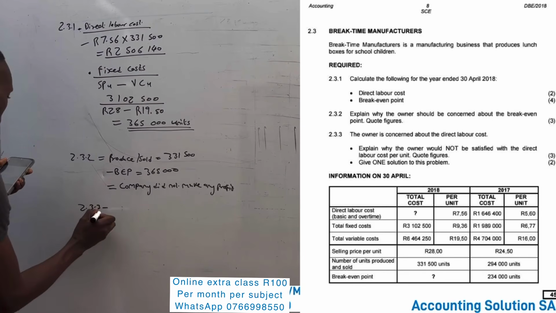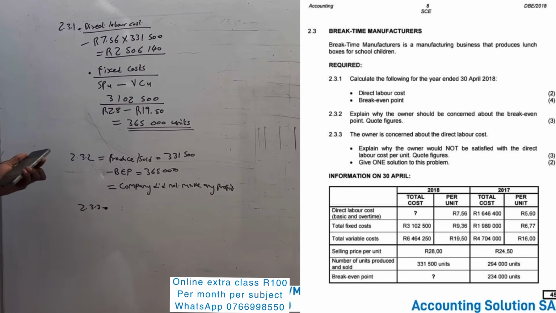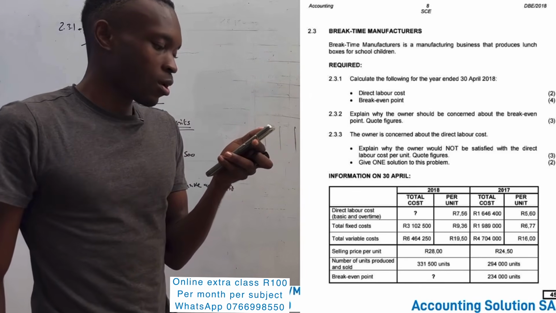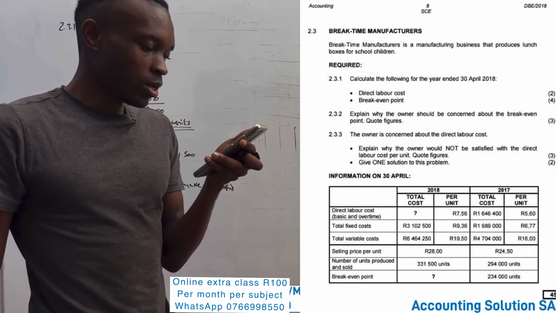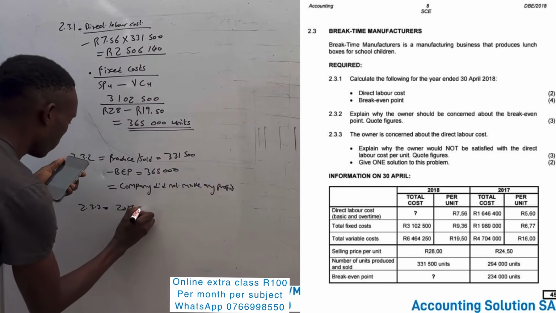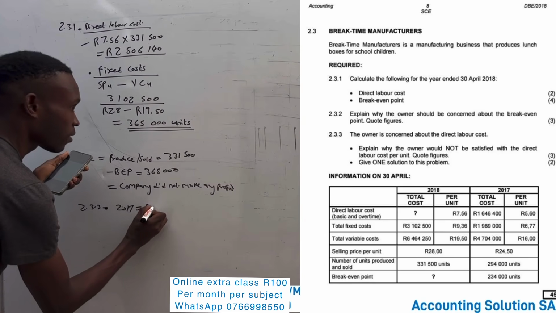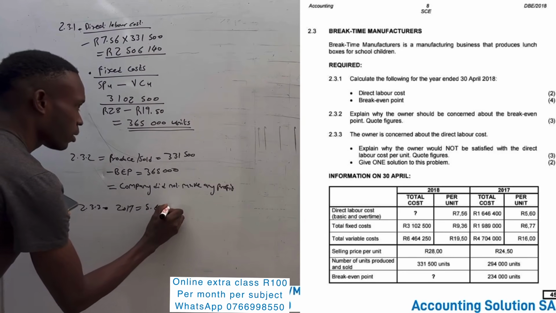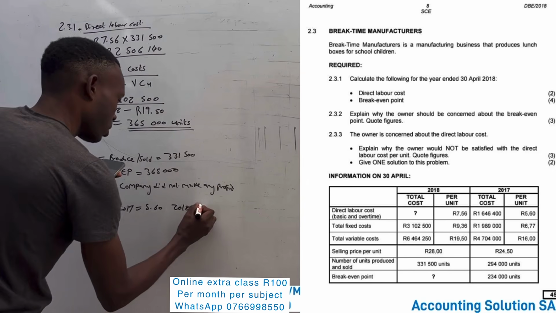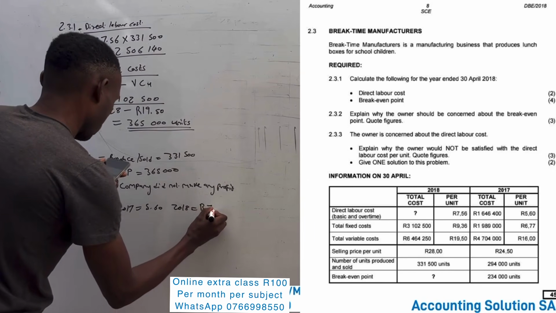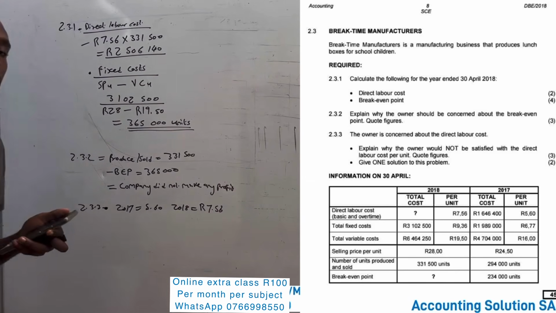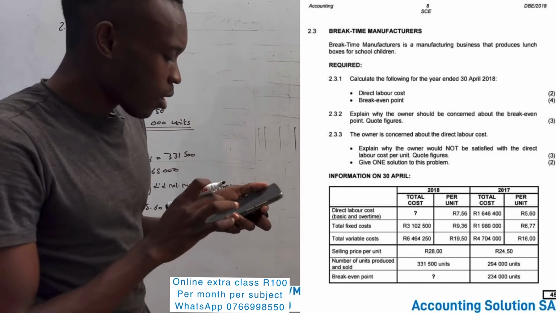Okay, 2.3.3. The first part. Explain why the owner will not be satisfied with the direct labor cost per unit. As you can see, in 2017 direct labor cost is 5 rand 60, and in 2018 it is 7 rand 56. Simply means that there is an increase.